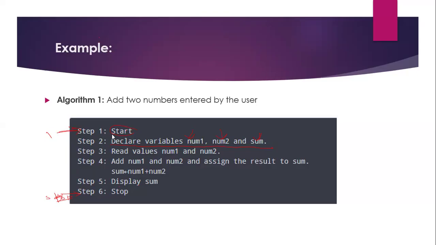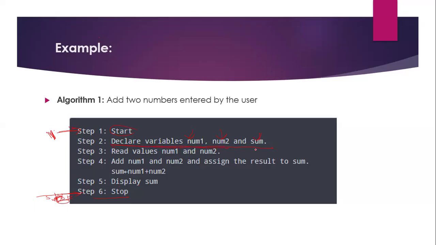If we start the problem, start finding a solution, we must stop it after finding that. So our first step should be a start, and the last step should be a stop. It must. In the second step, we declare a variable.